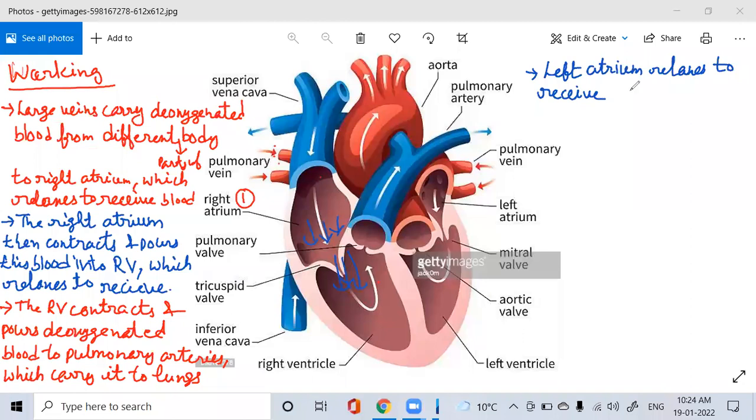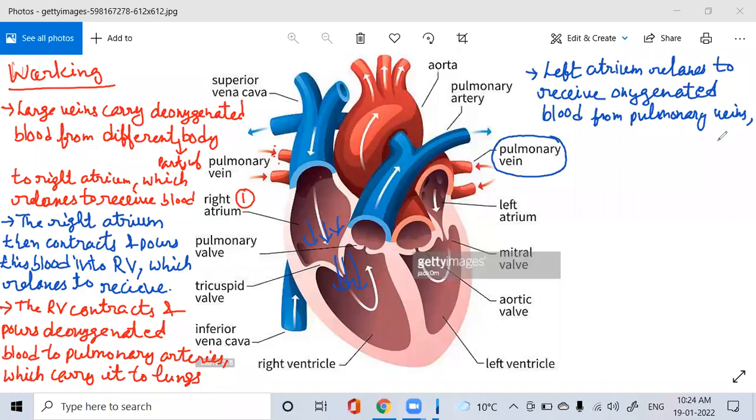oxygenated blood. Now the question arises, who will bring this oxygenated blood to the left part, right? So who will bring it? The pulmonary veins, you can see here, these will bring that oxygenated blood to this part. So from where will it get it? From the pulmonary veins, right?